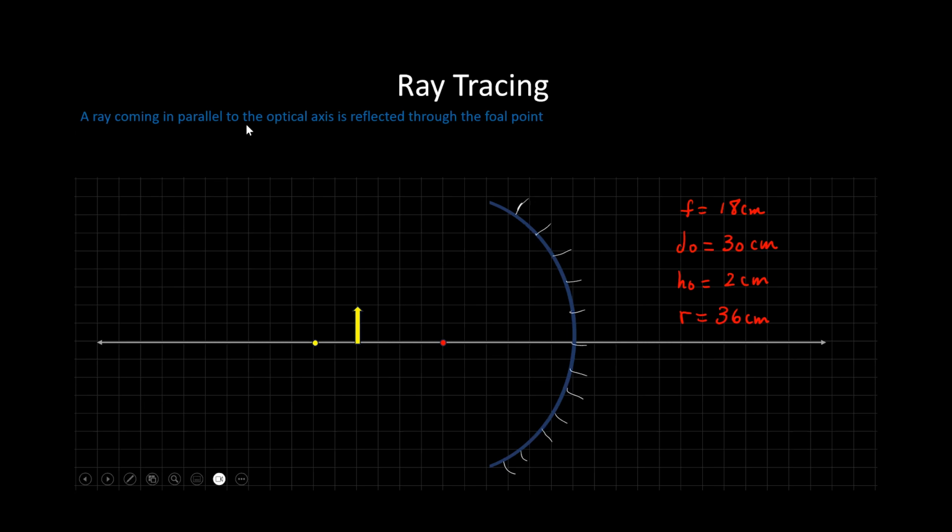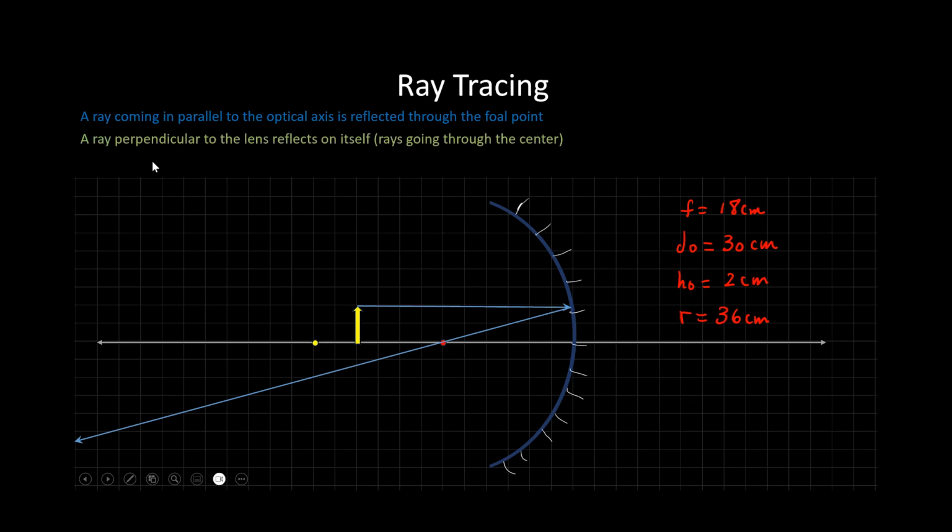A ray coming in parallel to the optical axis is reflected through the focal point. Here's the focal point. So here's the ray coming in parallel, bouncing back through the focal point. You see that? Second one is green. A ray perpendicular to the mirror reflects on itself.